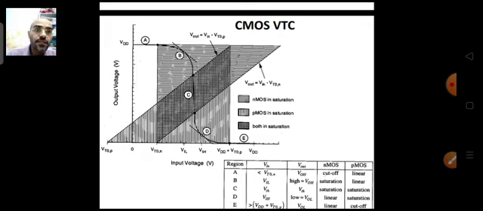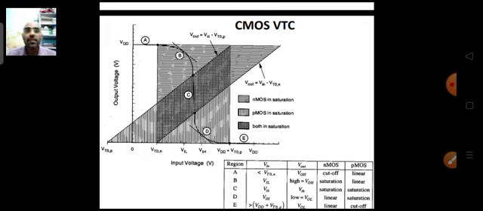For different regions the equations are different, and VIL falls into a different region, so you have to use a different NMOS equation and PMOS equation, not the same one. You can't use the saturation equation for both NMOS and PMOS while deriving the equation for VIL, and similarly for VIH. So you have to use different equations depending upon the region in which it operates.